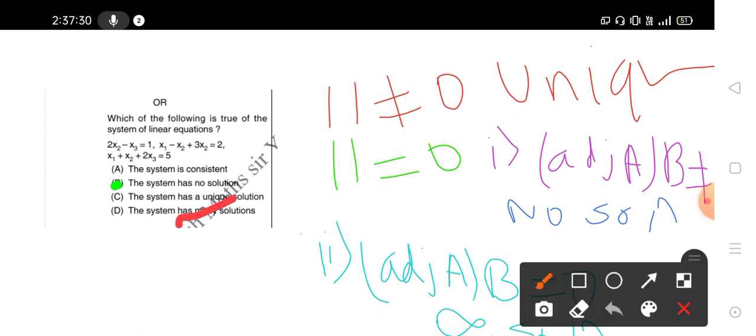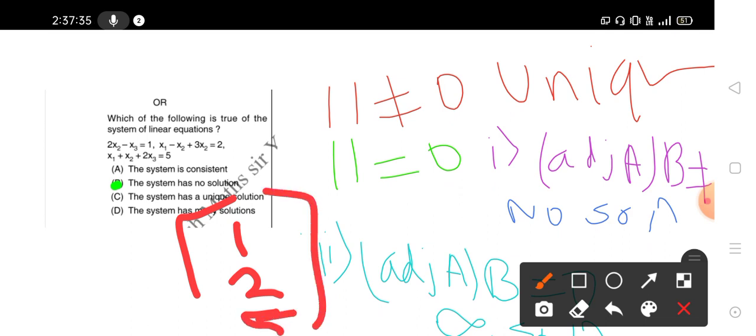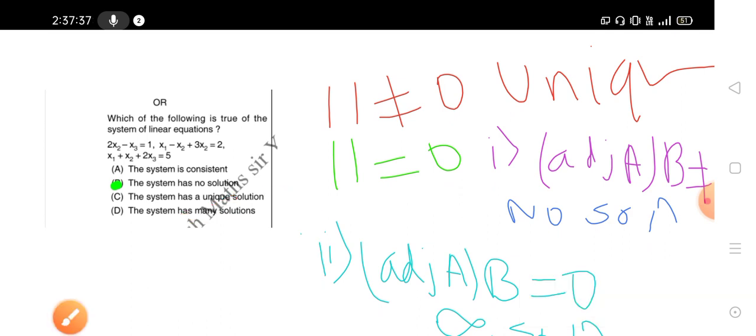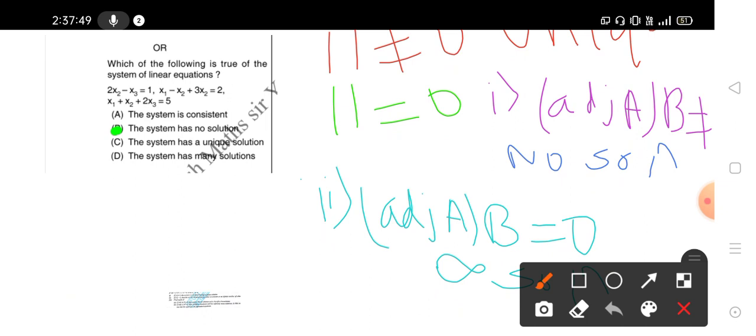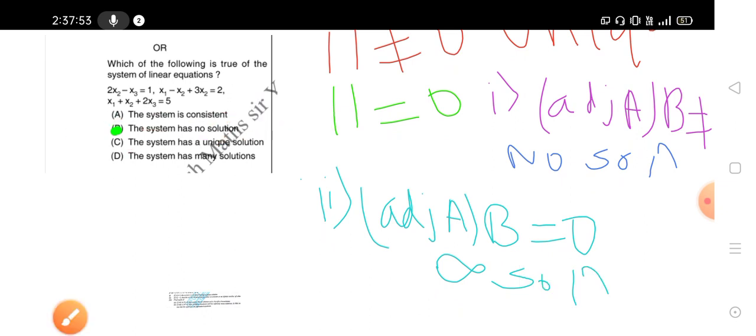B is 1, 2, 5, a 3 cross 1 matrix. If adjoint of A times B is non-zero, then there is no solution. If adjoint of A times B equals 0, then there are infinitely many solutions. We find that option B is correct, no solution. This is true.